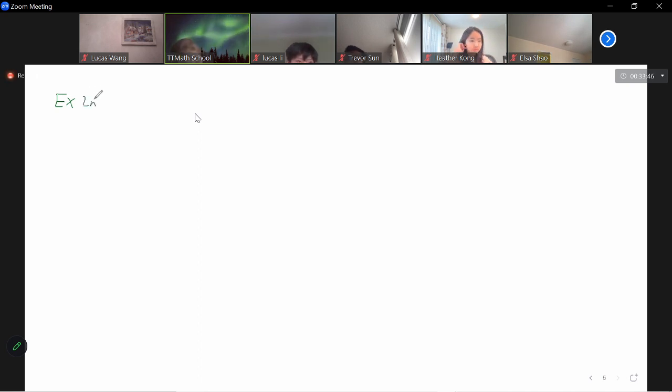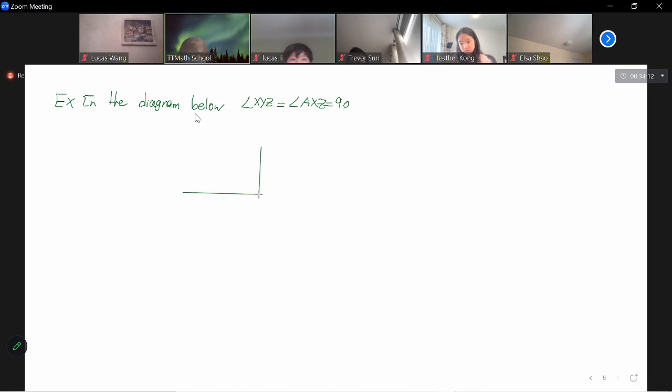In the diagram below, the angle XYZ is equal to the angle AXZ, equal to 90 degrees. Let me draw this diagram first. This graph. So we have a right triangle.